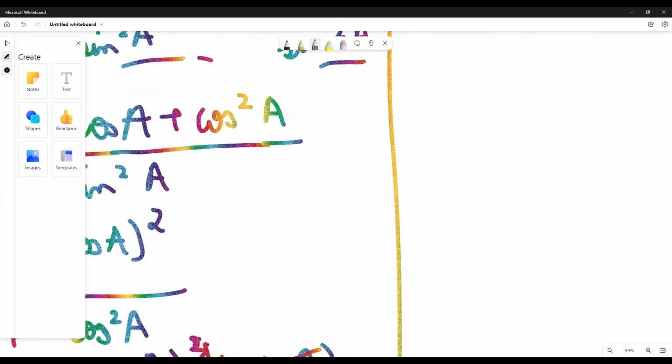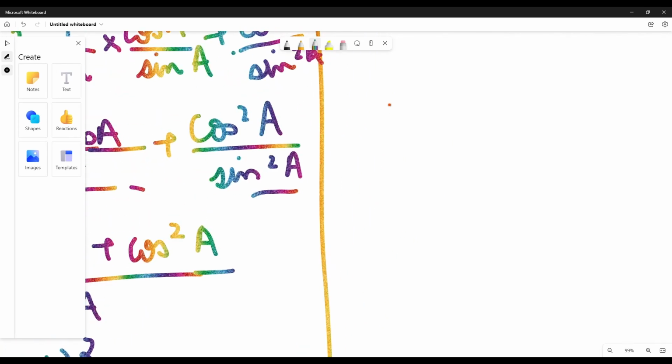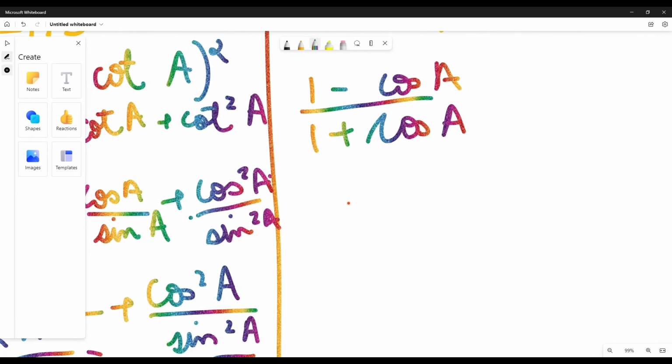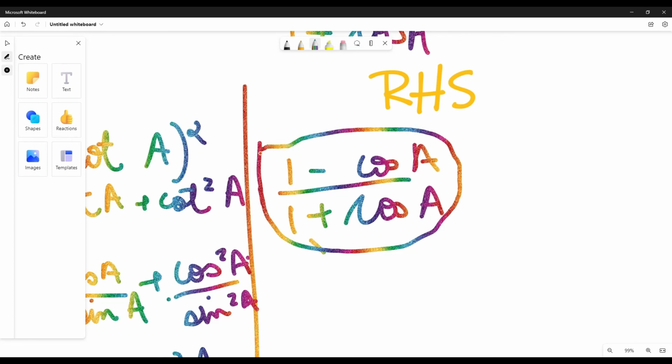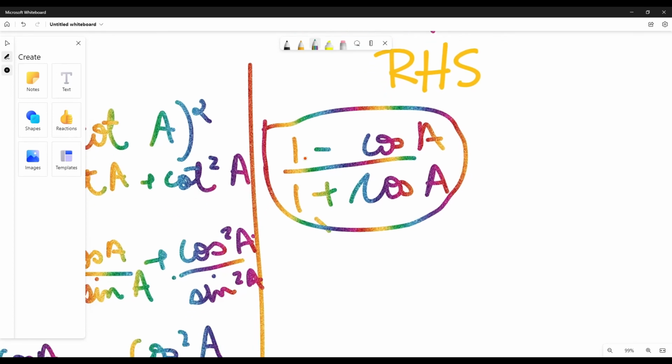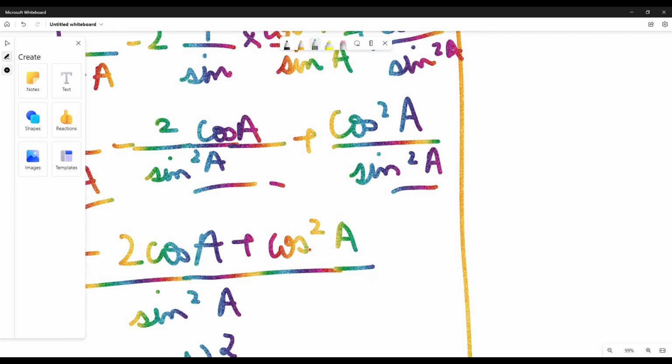So I think this is the LHS, right? Yes. If this is the LHS we get, and this is now the RHS. Do they match? Let's just check.